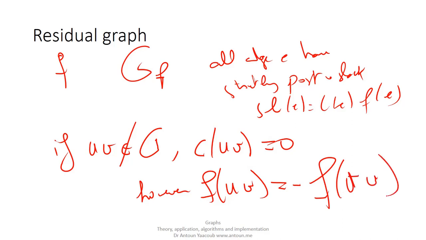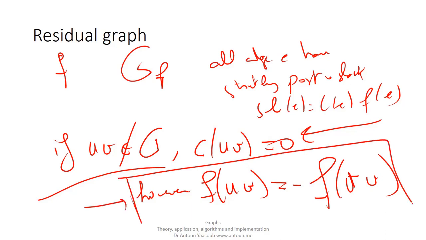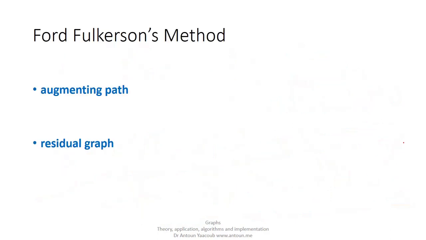This is very important. If there's no arc in the graph, its capacity is equal to 0, so I cannot send flow, because there are no pipes. However, if I'm considering semi-paths, the flow would be equal to the negation of the opposite direction. We'll see how we do that. We'll be decrementing whenever we are going backward in the graph.